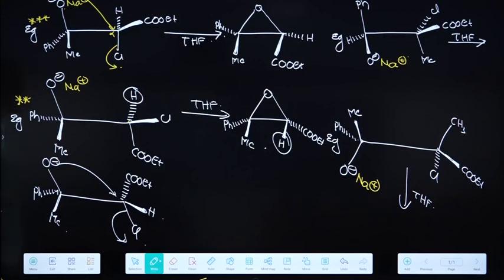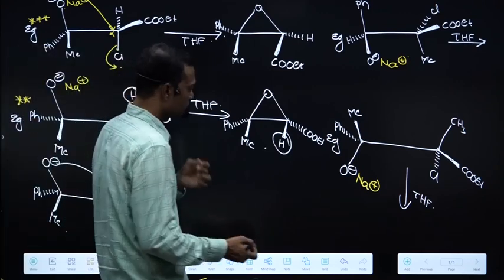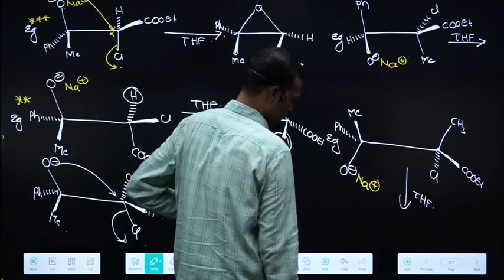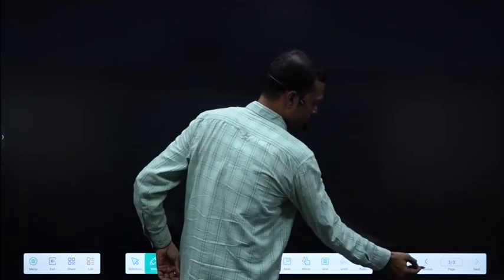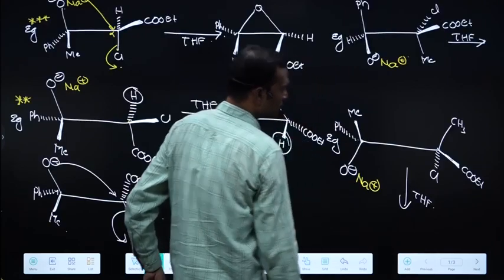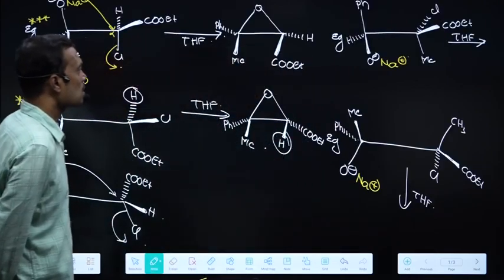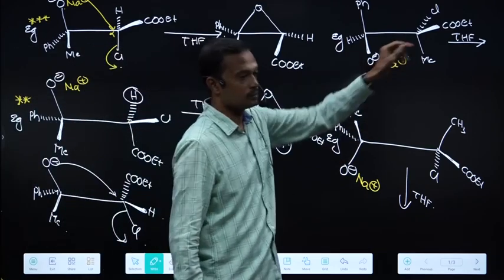Will you work out this? Take it down as homework. You need to rotate O minus perpendicular to halogen.